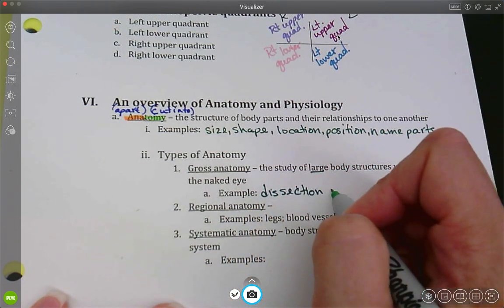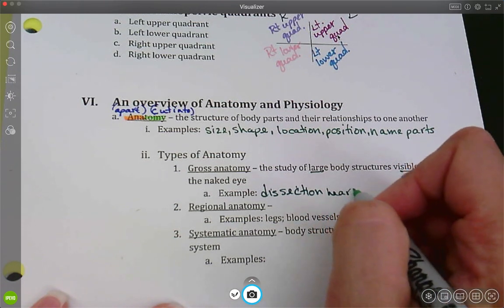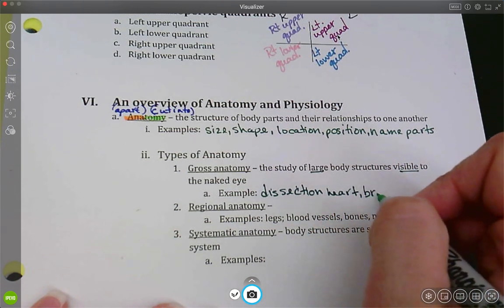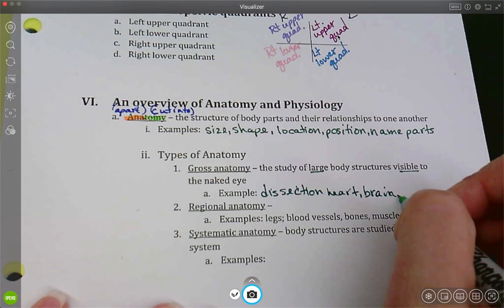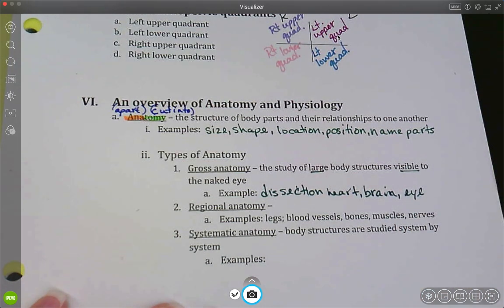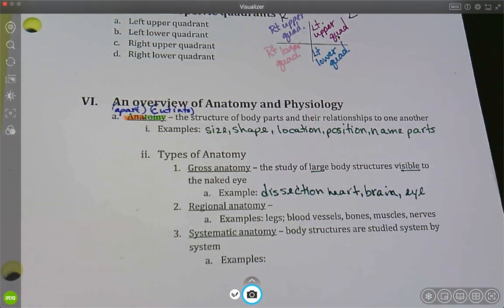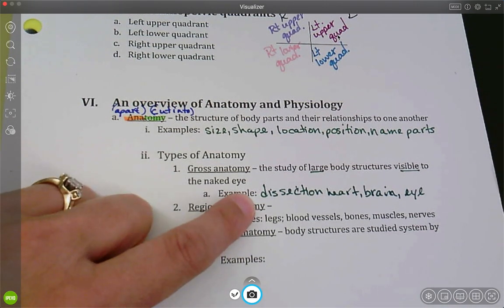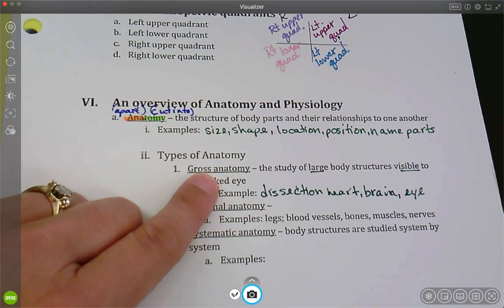Remember, we do like the heart, the brain, the eye. So anything that I can look at, I can play with. This doesn't have to be real. If I use a plastic heart and I take it apart and I look at it, it's still going to be gross anatomy.